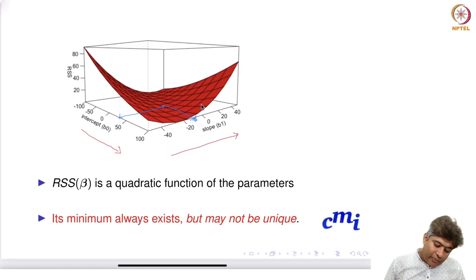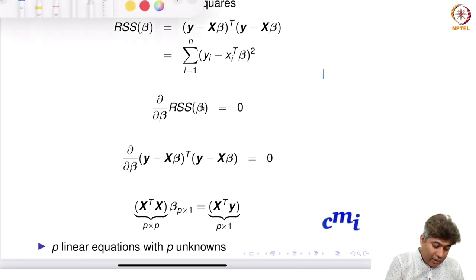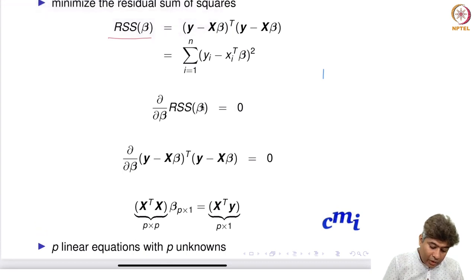Now its minimum always exists. It turns out we can show that the minimum will always exist, but it may not be unique, and we will discuss what I really mean by this. To minimize the residual sum of squares of error, we can differentiate the residual sum of squares of beta with respect to beta and set it equal to 0.